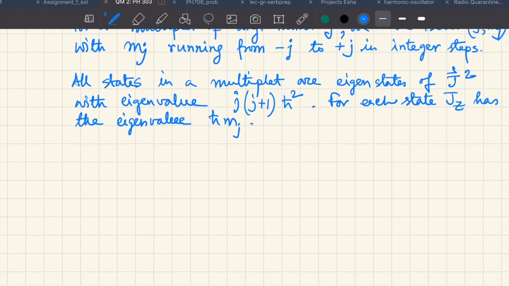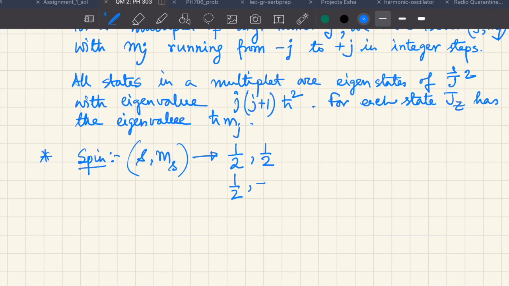So we have electron spin also. If we consider spin, the notation that we generally use are s and ms. What values can these s and ms take? s can take the value half, and ms can take either half or minus half.